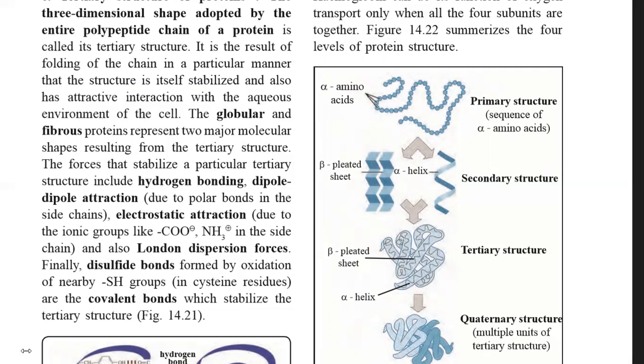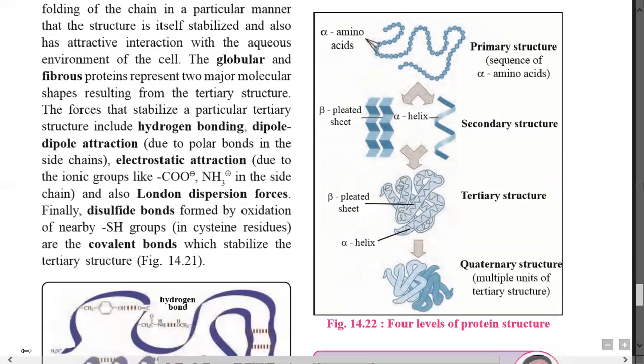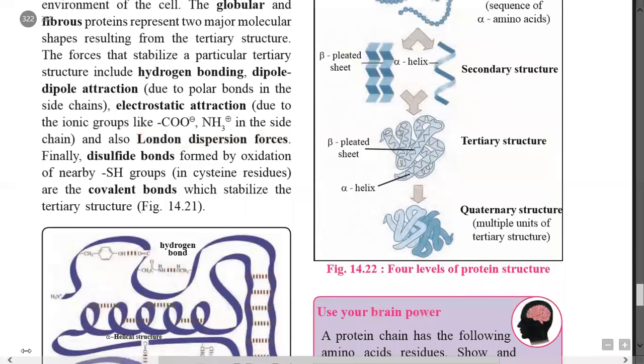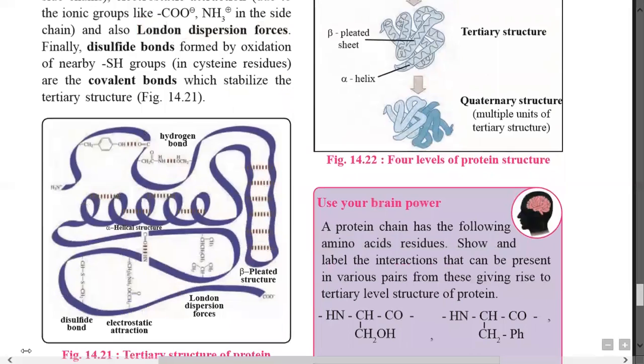It is due to ionic groups like COO minus and NH3 plus in the side chain. One more type of force is called the London force or London dispersion force. Finally, disulfide bonds formed by the oxidation of nearby SH groups in cysteine residues are covalent bonds which stabilize the tertiary structure.